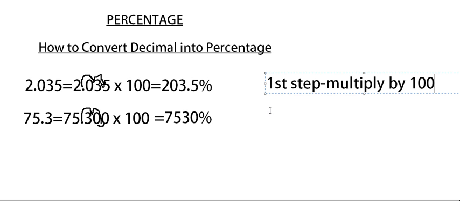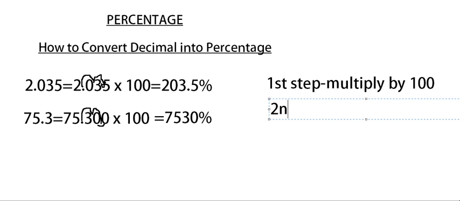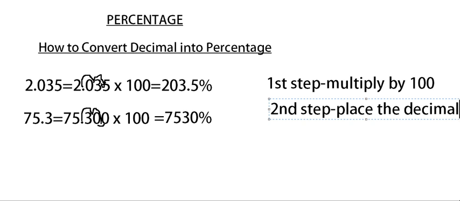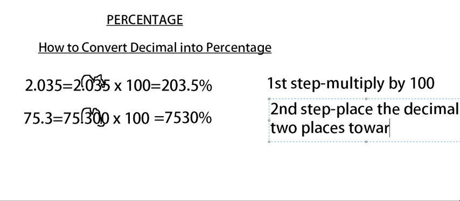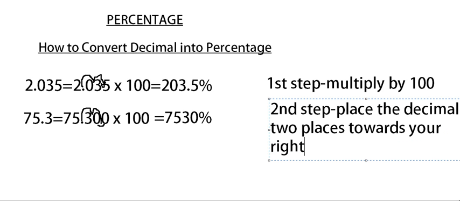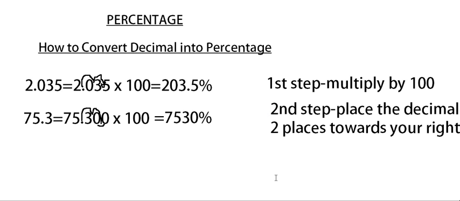Second step is, just place the decimal 2 places towards your right. And third step, write percentage in your answer. That's all. It's as simple as that. Do not get confused.